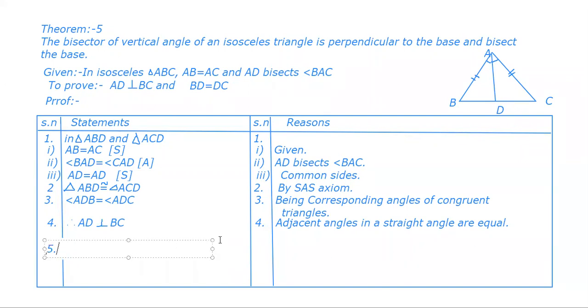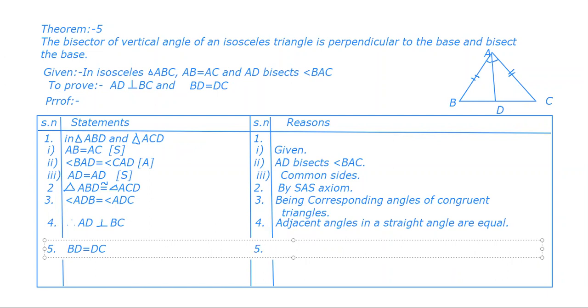Now next, what do you have to prove? You have to prove that BD and CD are equal. Why are they equal?